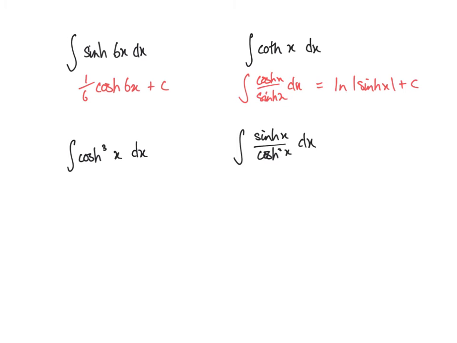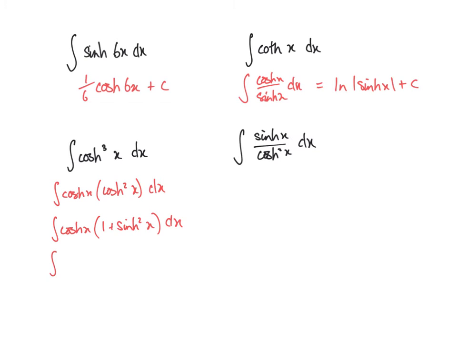Cos cubed then, this is one of these ones where we can take out a factor of cos. So that's going to be the integral of cos x times cos squared x dx. Now, that then is cos x times, when we change cos squared x, we can rewrite that as 1 minus sine squared x.